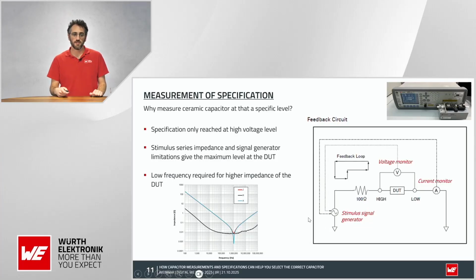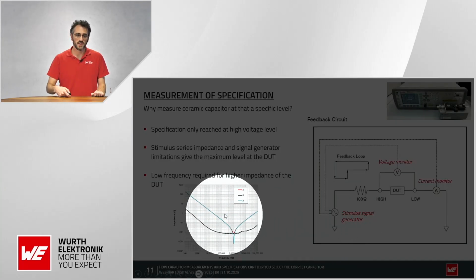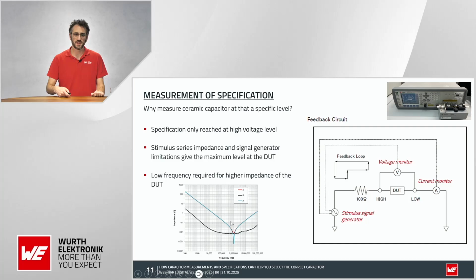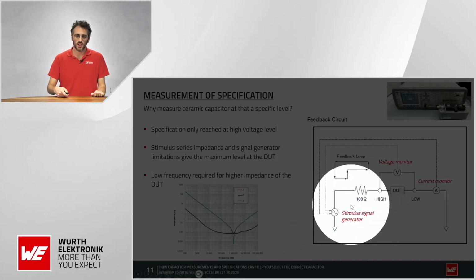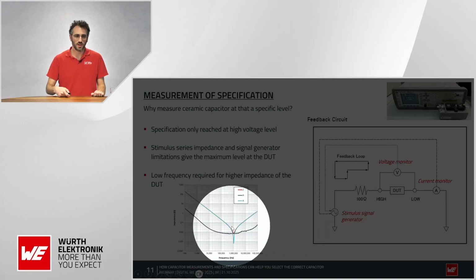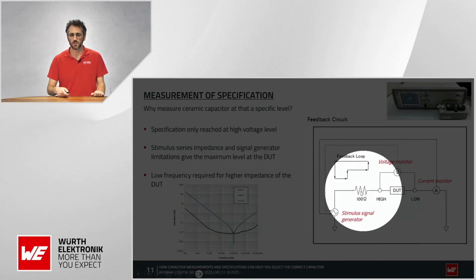If we measure at high frequency, the impedance of the whole capacitor is so small. Imagine to hit 1 volt here at 100 kilohertz, we have around, I don't know, 0.2 ohm compared to 100 ohm.